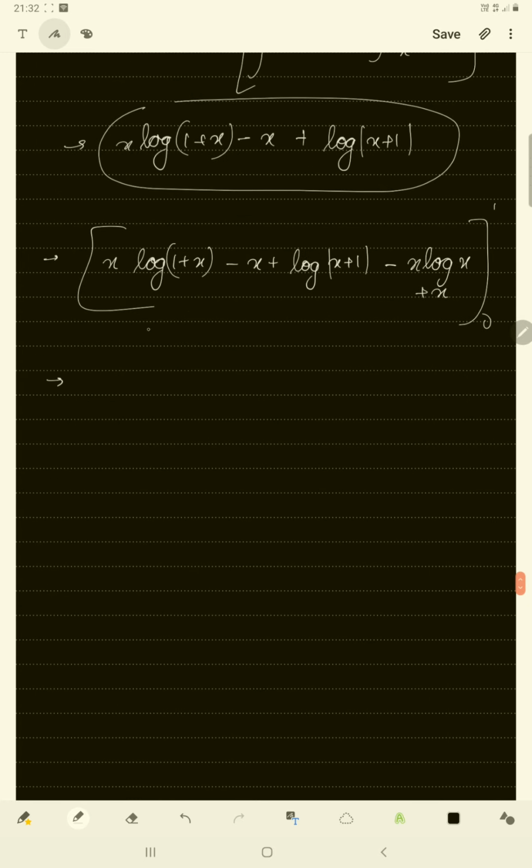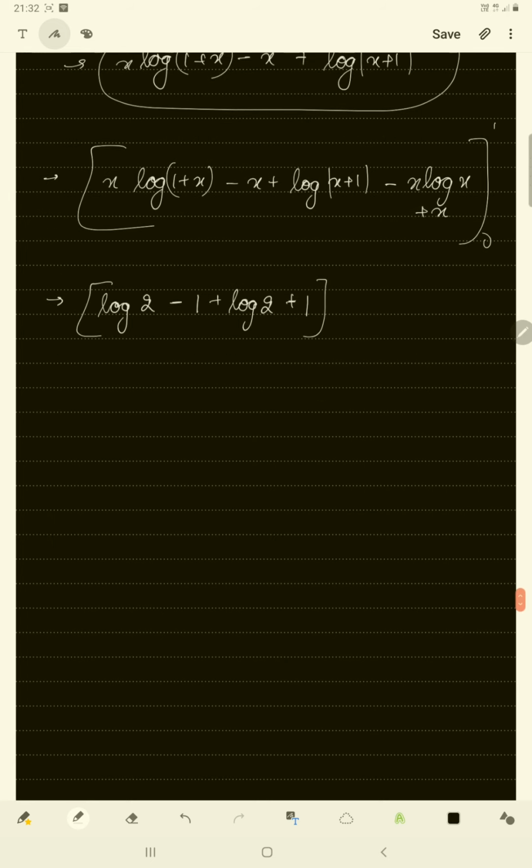Now putting 1, we have log 2 minus 1 plus log 2 plus 1 over here, and putting 0 makes all the terms 0, so we have 2 log 2 as the answer.